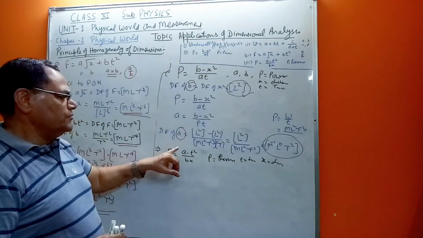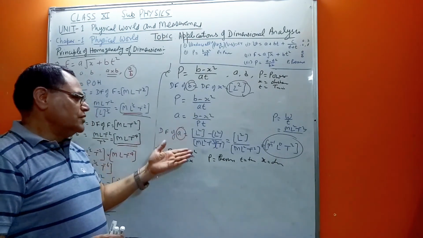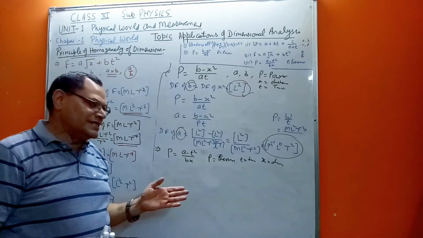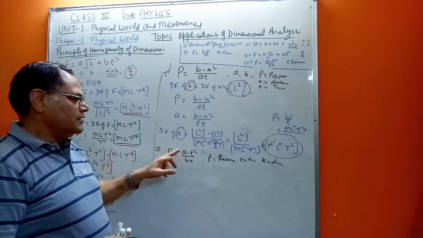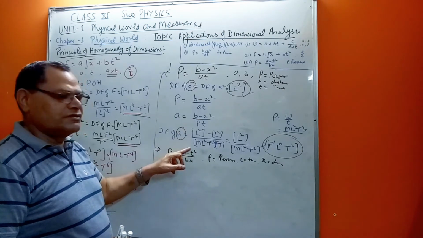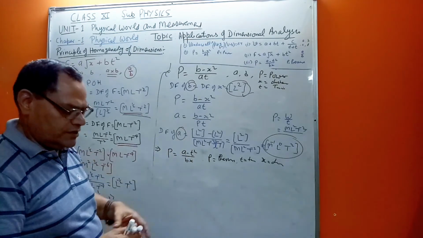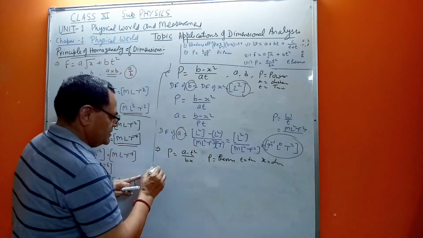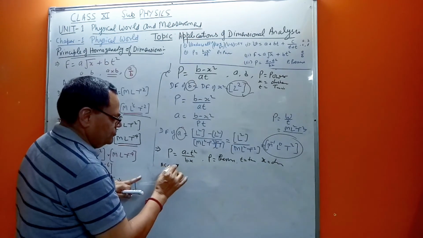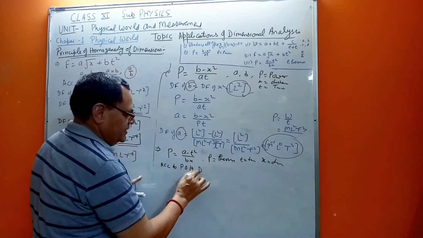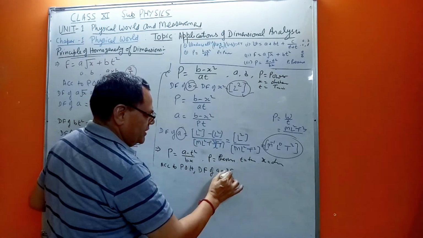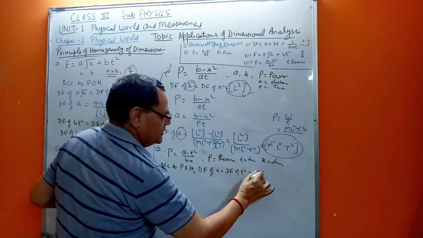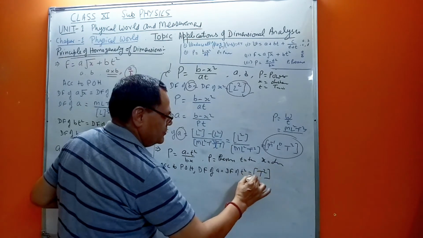Obviously, the moment you see it, you will say, sir, we will take the numerator first. According to the principle of homogeneity, A will have the dimensions of T square. So the dimensional formula of A is nothing but the dimensional formula of T square, that is T2.